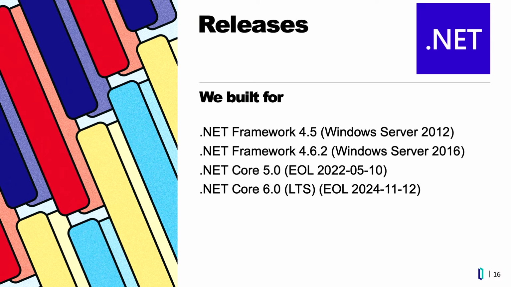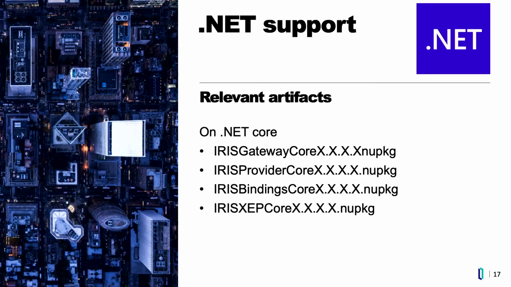Okay. In terms of the artifacts that we build, obviously they're separated out for .NET Core and for .NET Framework. So starting with .NET Core, you see all of these are NuGet packages. We have one for the gateway, which is the external language server.